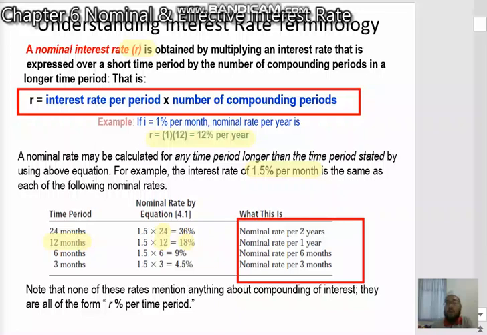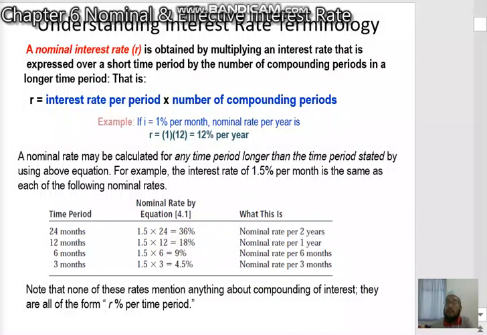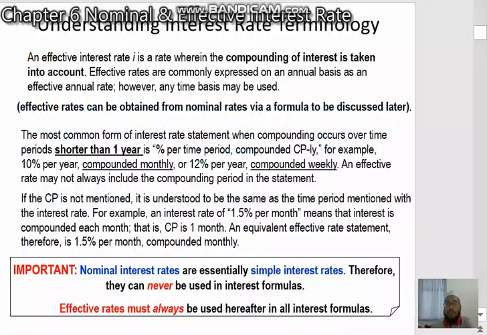And this is different from the effective interest definition. An effective rate is a rate wherein the compounding of interest is taken into account.